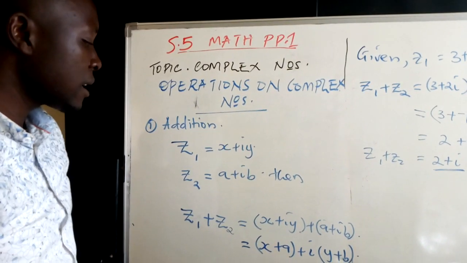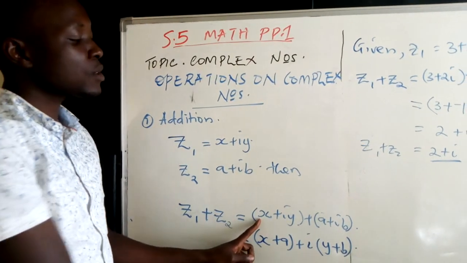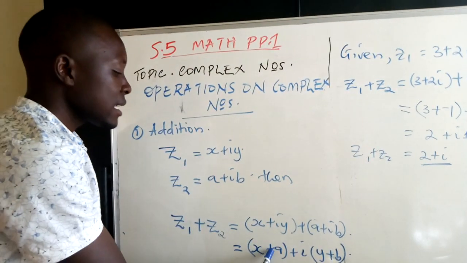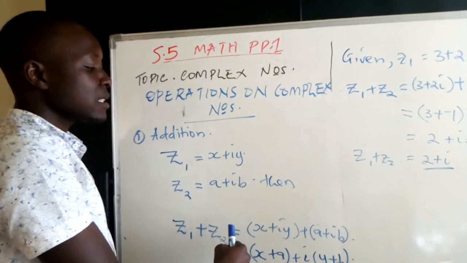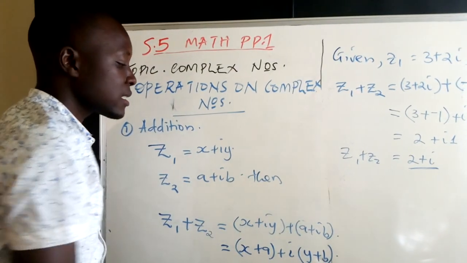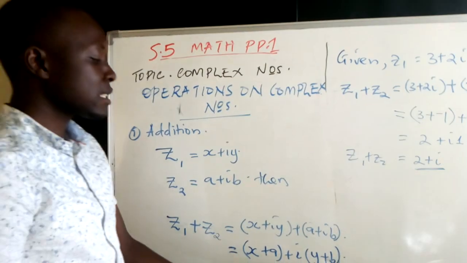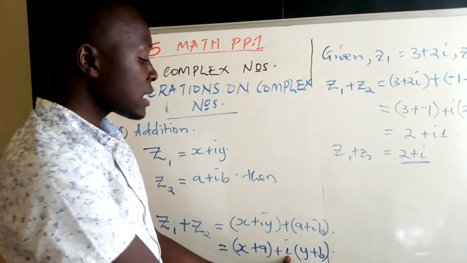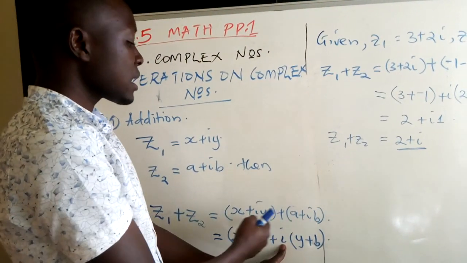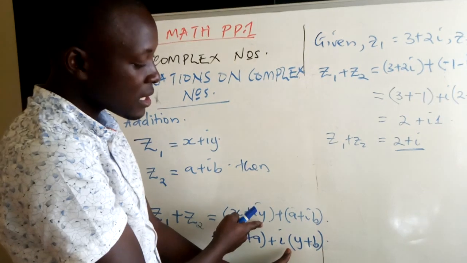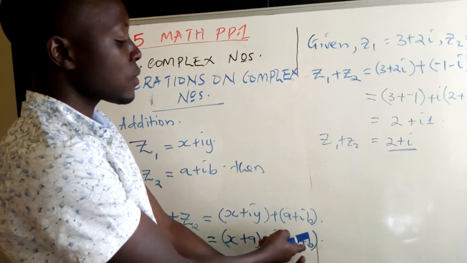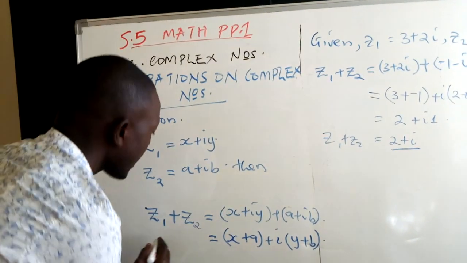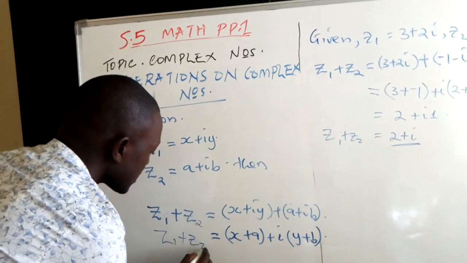We look at the real part of the first complex number and the real part of the second, that is x plus a, plus i times the corresponding imaginary parts, that is y plus b. And this is how we can add any complex numbers z1 plus z2.